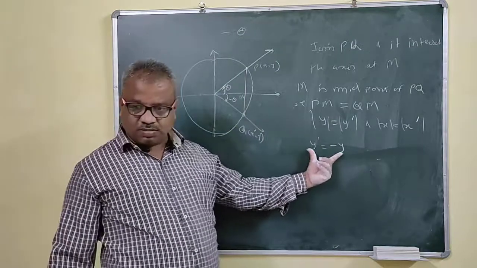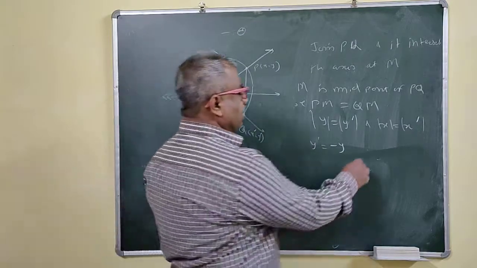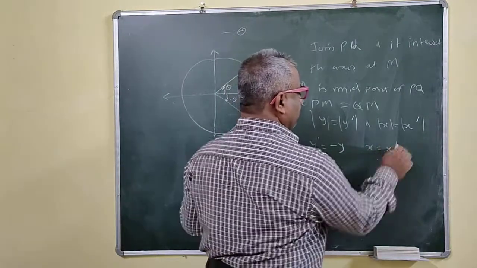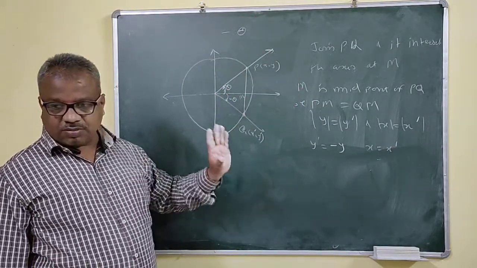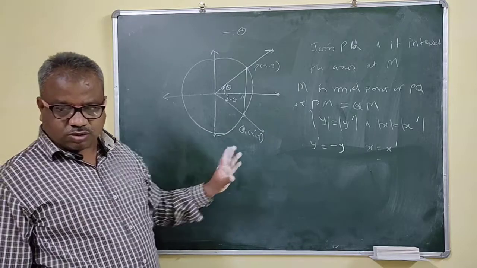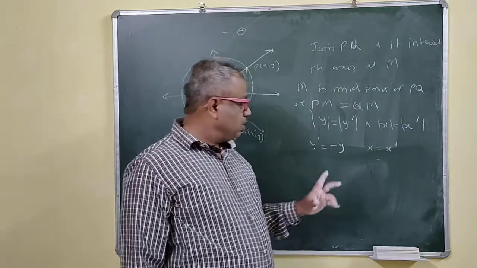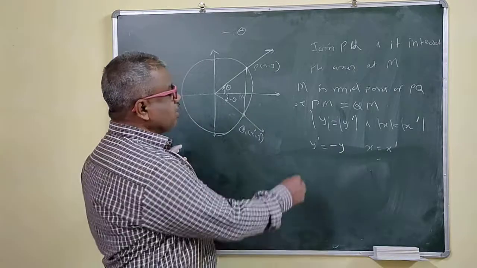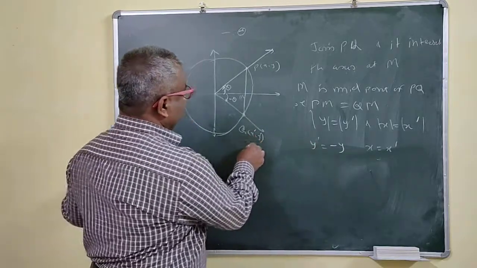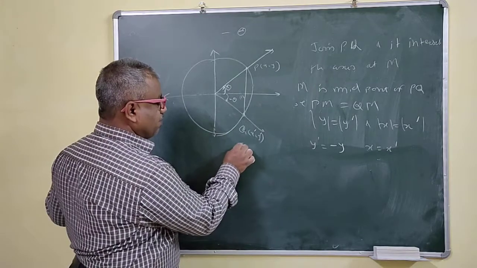And x is the same as x prime, because x is positive and the magnitude of a positive number is positive.